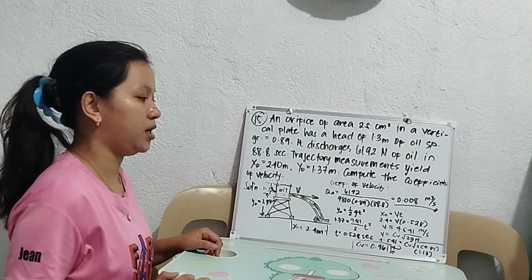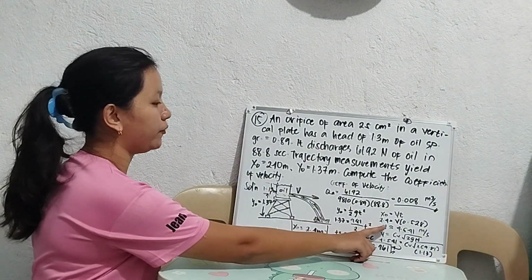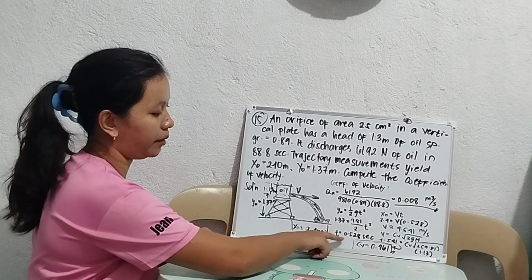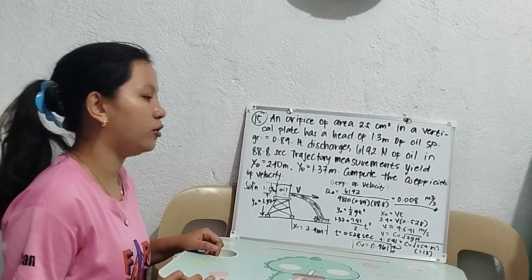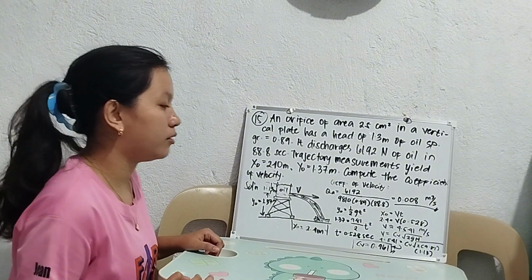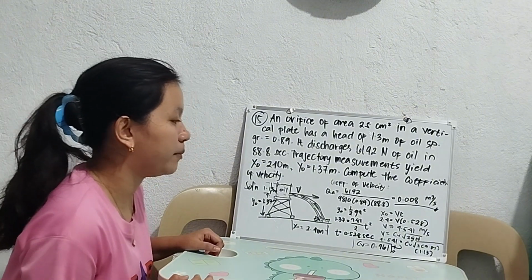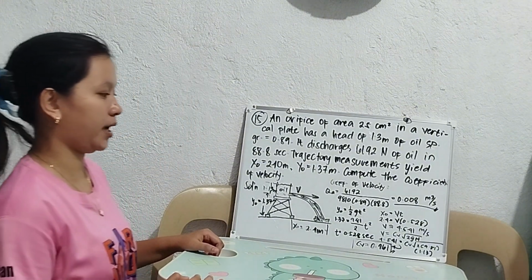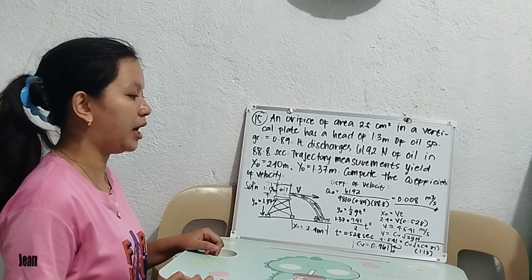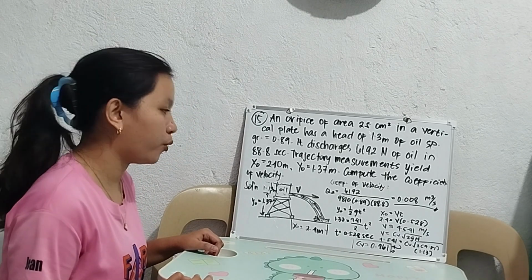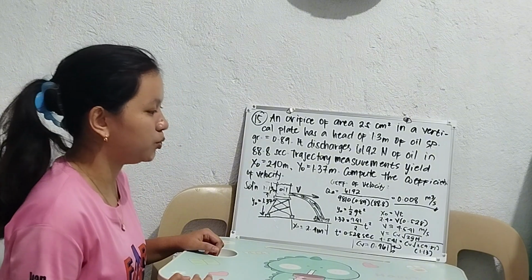And then the next one is X. X equals Vt, so 2.4 equals V times our time, 0.528. So the velocity will be 4.541 meter per second. The next one is the formula V equals the coefficient of velocity times the square root of 2gh.